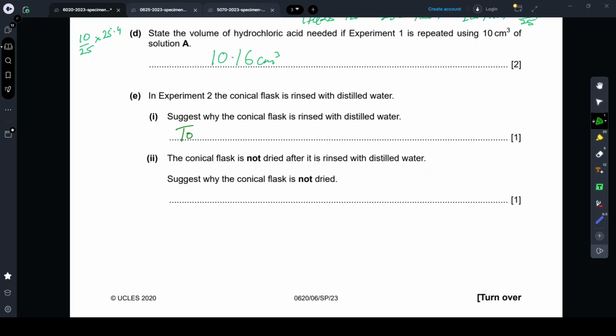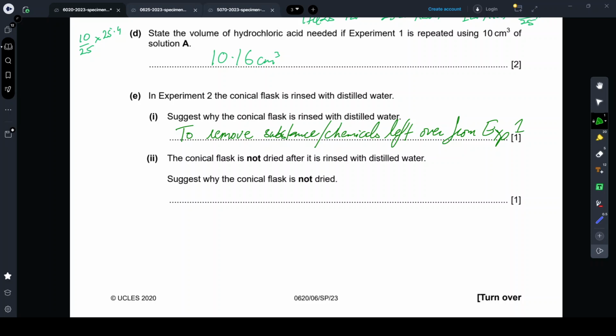You're using the same one, and so there would be maybe slight excess of hydrochloric acid, or maybe traces of sodium hydroxide on the upper walls, and that could affect your results. So to remove the chemical left over from experiment 1.